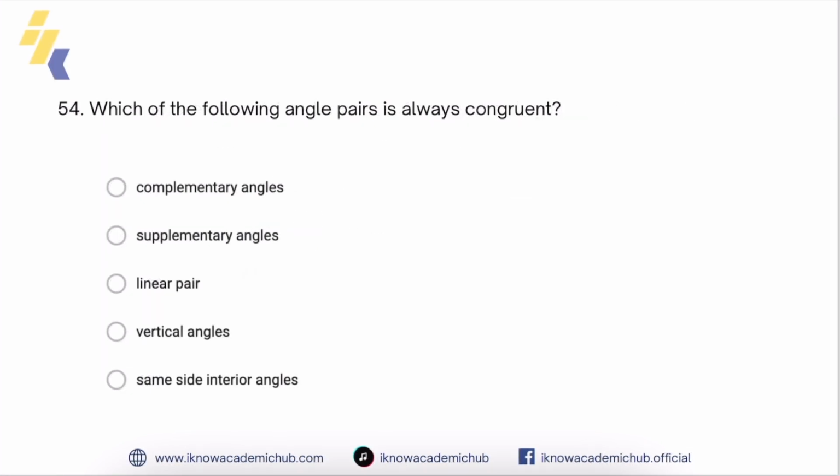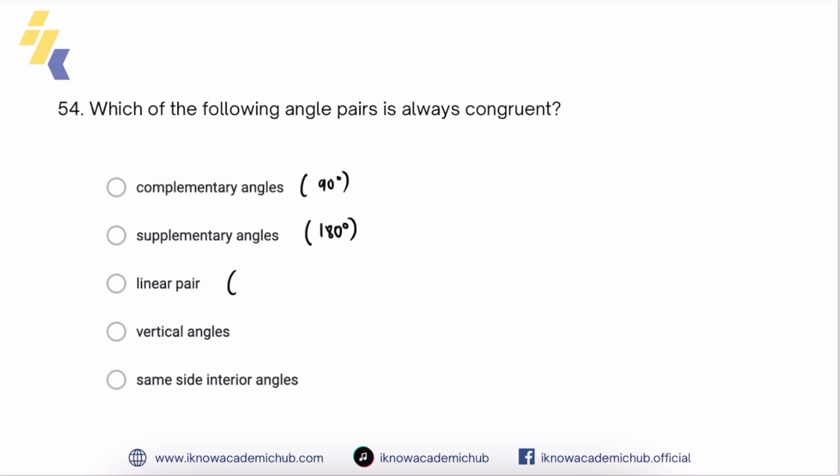54. Which of the following angle pairs is always congruent? Complementary angles are angles that have the sum of 90 degrees, while supplementary angles are angle pairs that have a sum of 180 degrees.